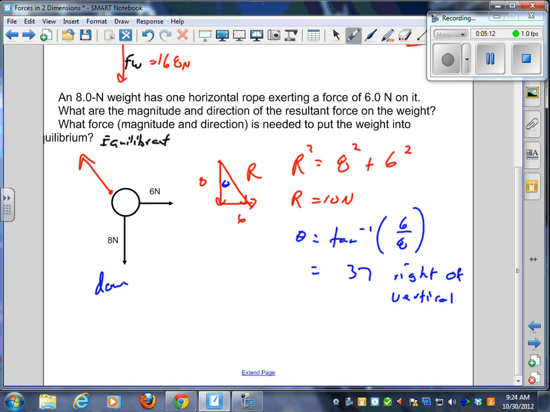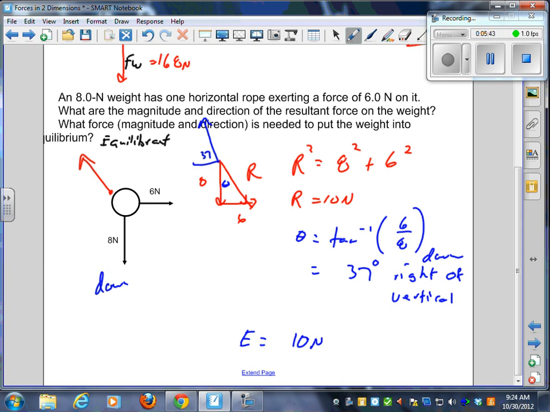I guess you could say it's 37 degrees down and right of vertical. And the equilibrant is going to be the exact opposite, 10 newtons, but then it's going to be, if that's 37, then that would be 37 in there. Right? Kind of hard to describe. I would make sure on a test I would do a better job of giving you the direction stuff.